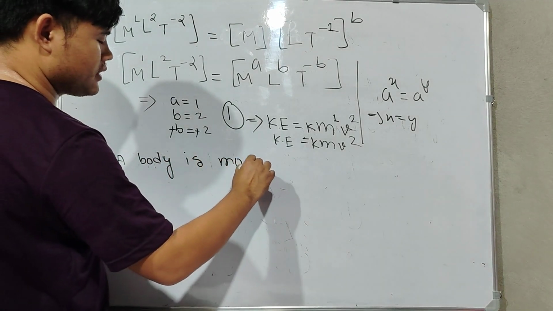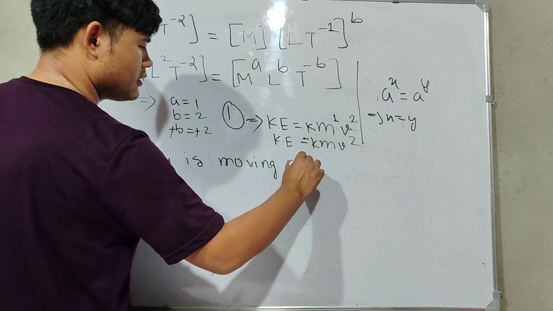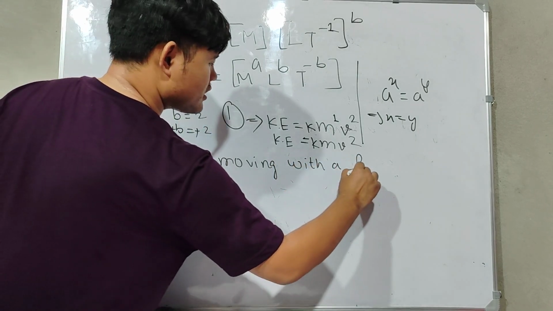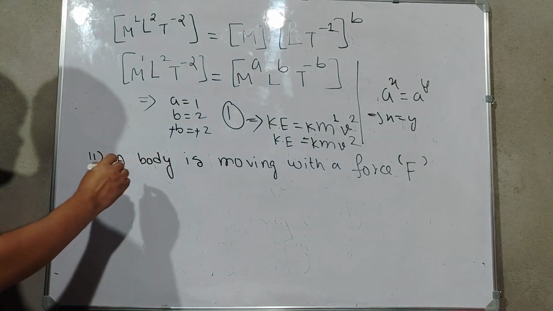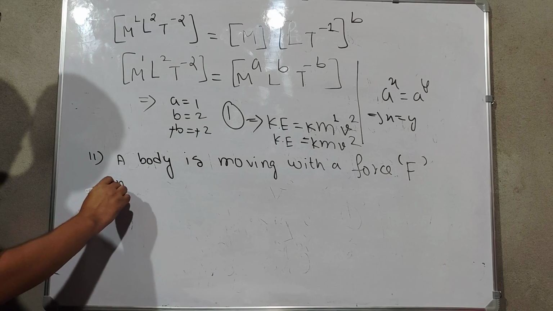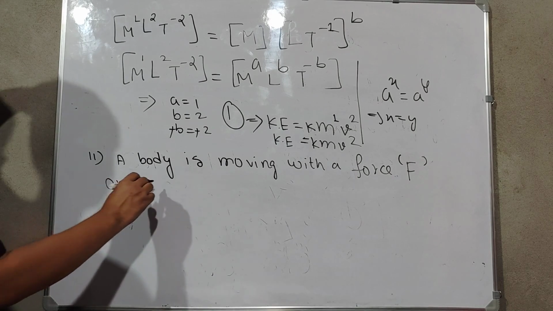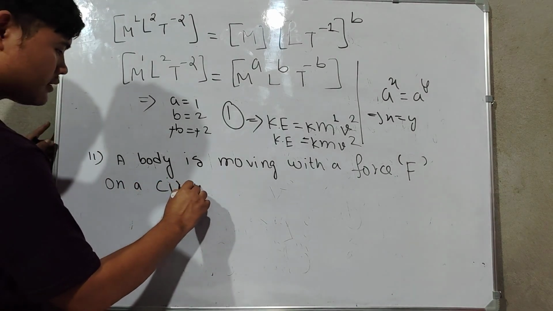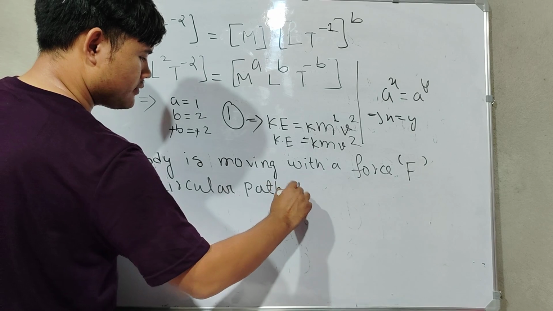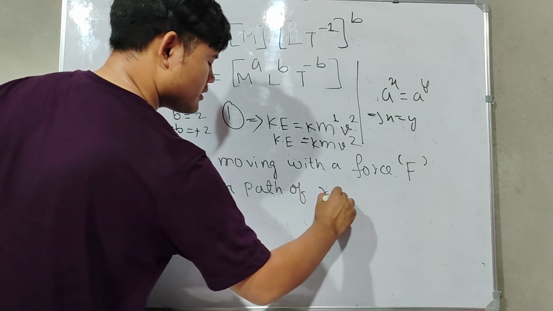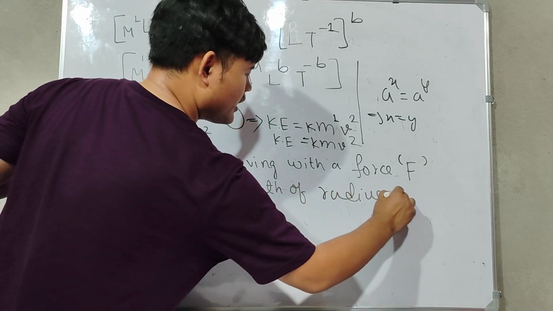The question is: a body is moving with a force F on a circular path of radius r.